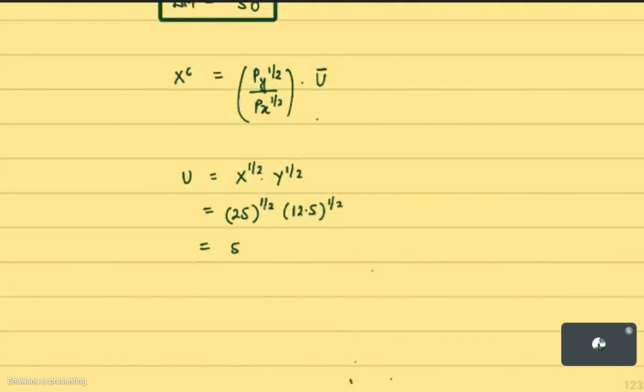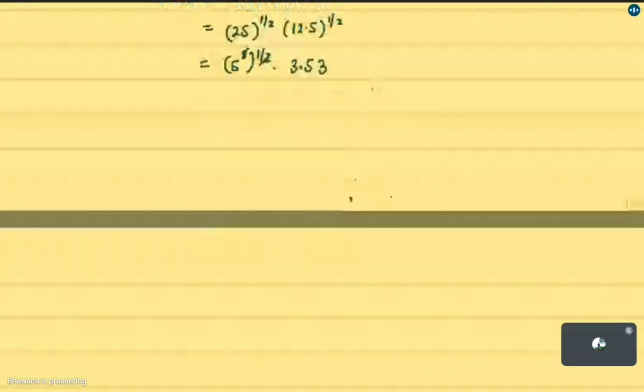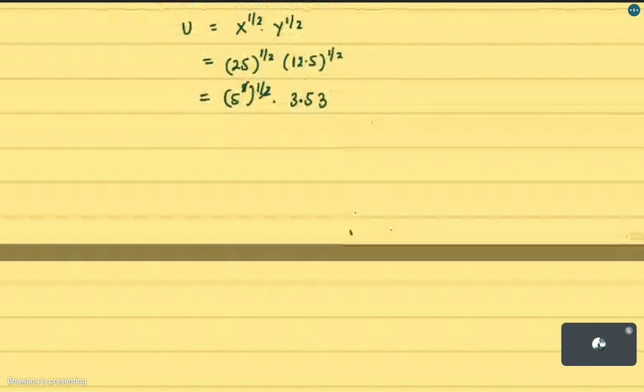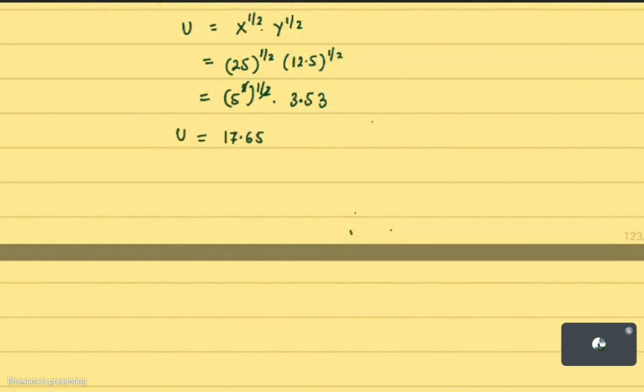We'll get 5, because square root of 25 is 5, and this 1 by 2, this 2 will cancel out, so you will get here 3.53. Now I'll multiply this 5 into 3.53. So you will get your utility equal to 17.65. This is your utility, or V bar, the maximum utility.